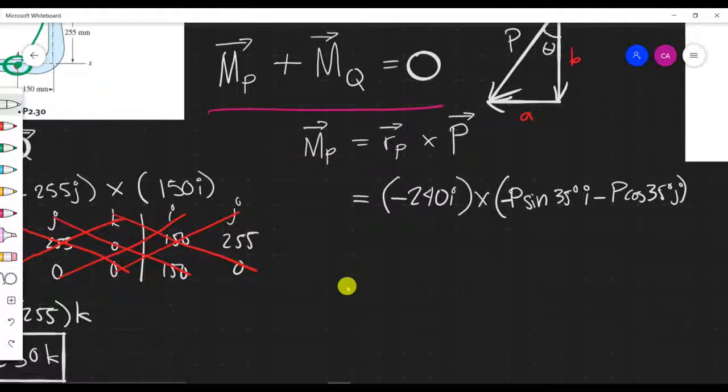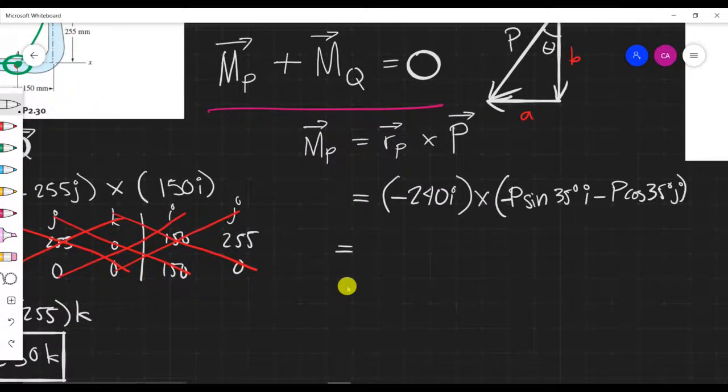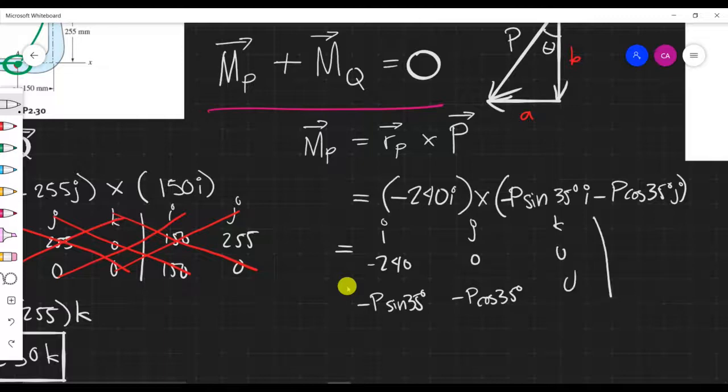Okay? Now, solving, para makuha natin, I, negative 240, negative P sine 35 degree, then J, 0, negative P cosine 35 degree, then K, 0, 0, then I, negative 240, negative P sine 35, then J, 0, P cosine 35. Okay?